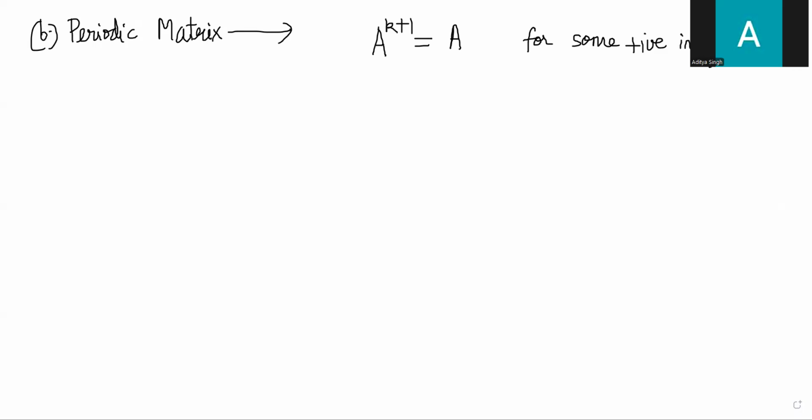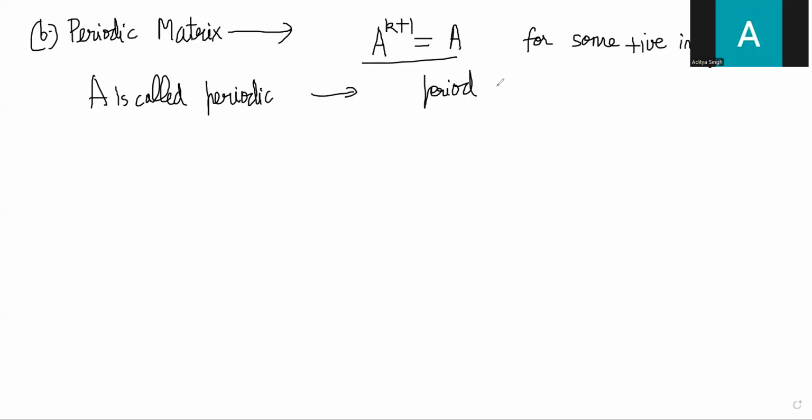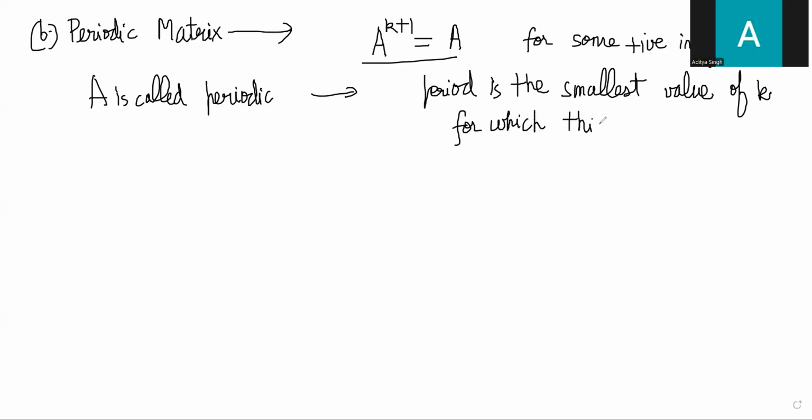If that is satisfied, then A is called periodic, and the period is the least value of k for which this condition is true.